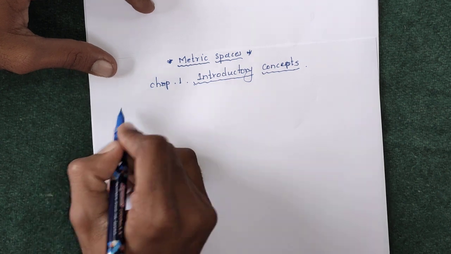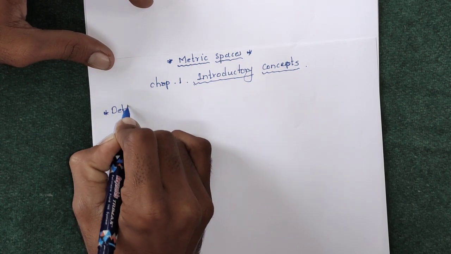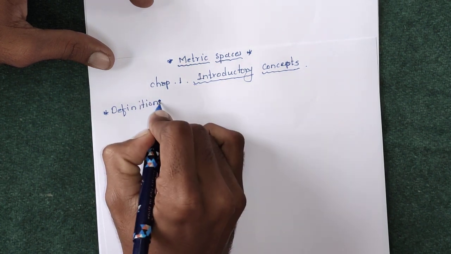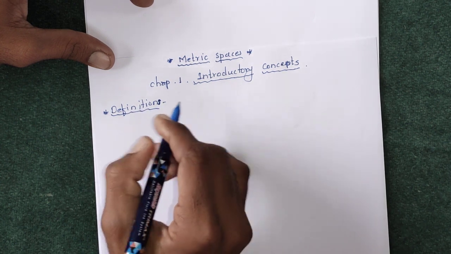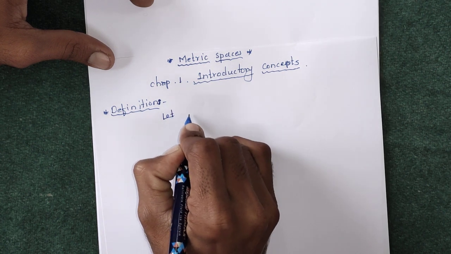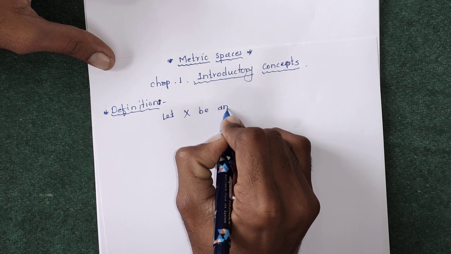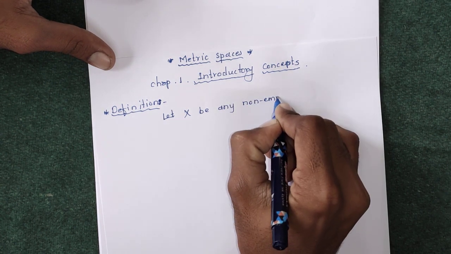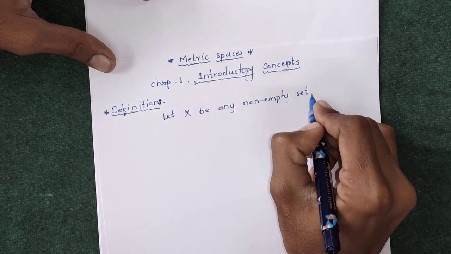Now the first topic is the definition of metric space. In today's lecture we will see the definition and some examples of metric space. The definition of metric space is: let capital X be any non-empty set.